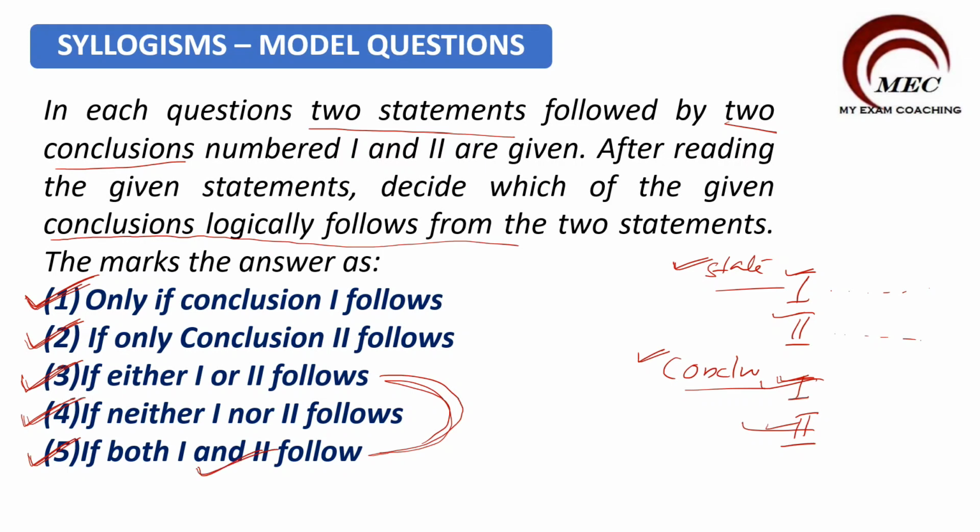If you think out of 1 and 2, either 1 or 2 can be correct, then 3 will be the correct answer. So there is no confusion between 3 and 5. If you are 100% sure from the given statements that both conclusions follow, then option 5 is the correct answer.